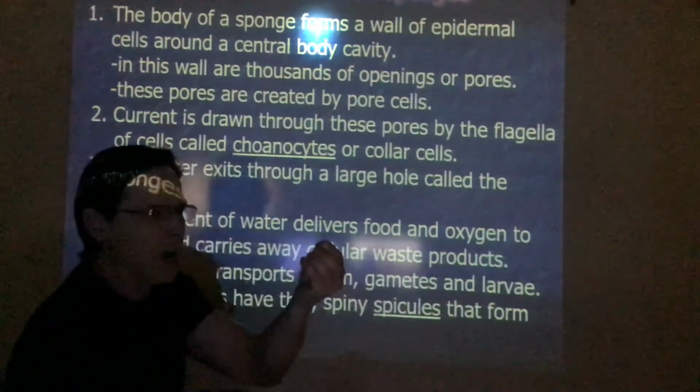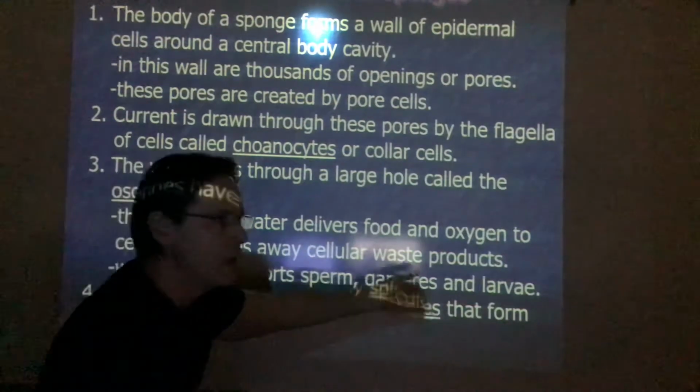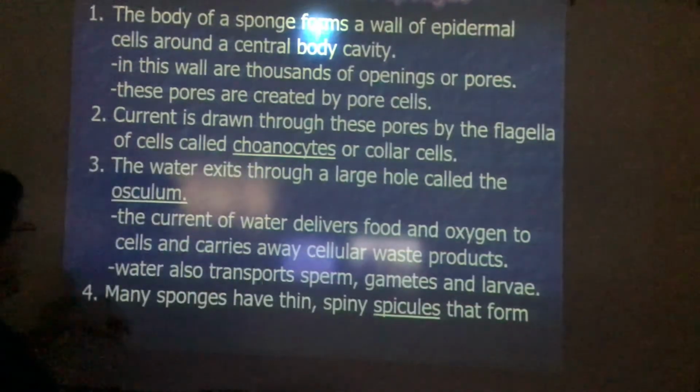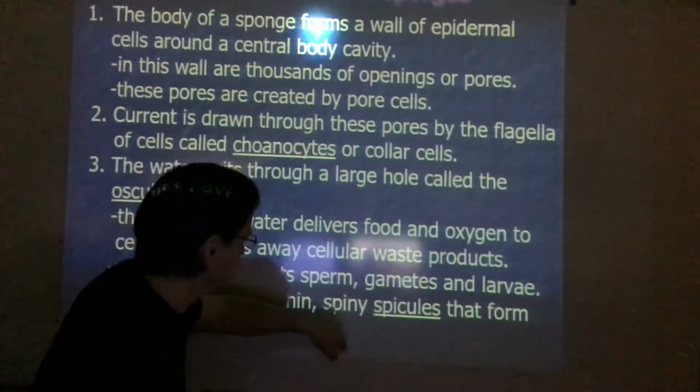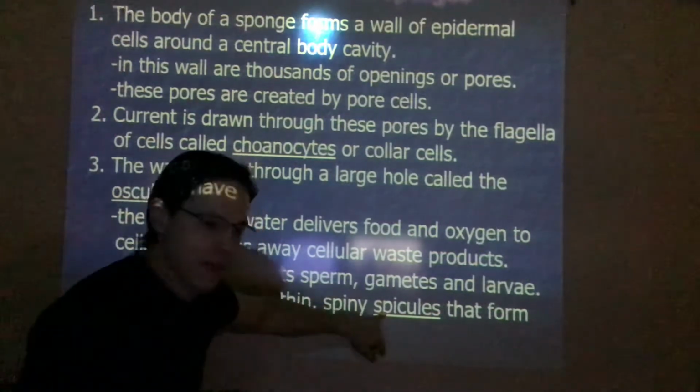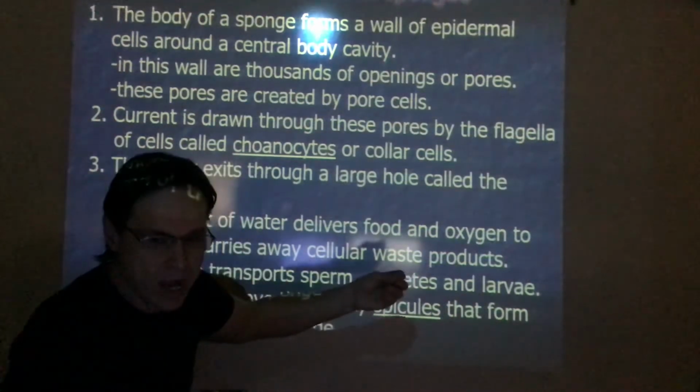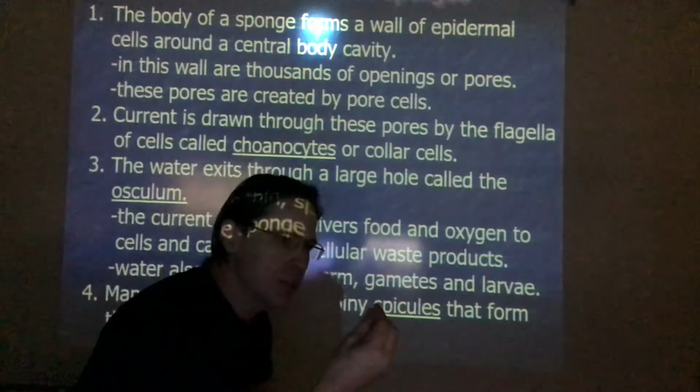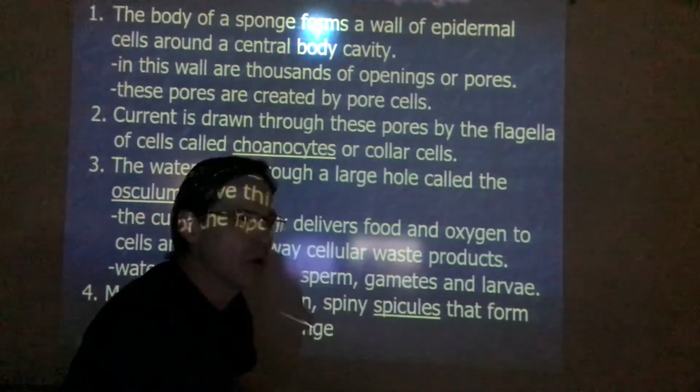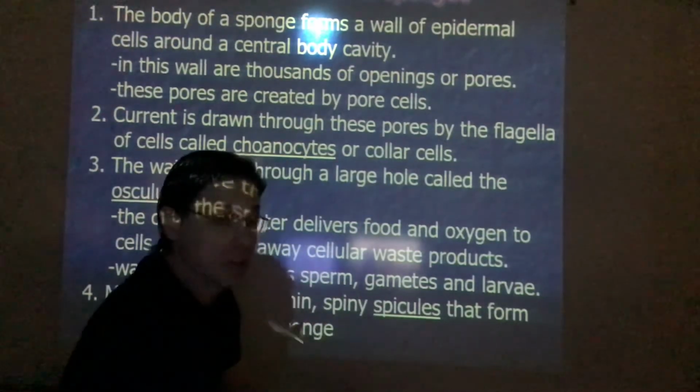Larvae are just obviously like little smaller versions of the organism being developed, okay? Many sponges then have these thin spines called spicules, okay? They basically look like little glass rods, and are the earliest prehistoric form of what we call a skeleton, okay?